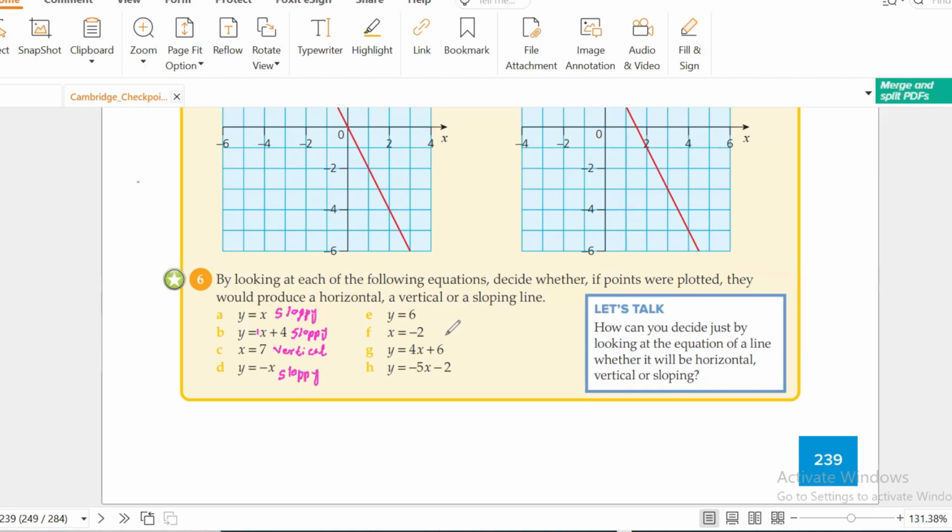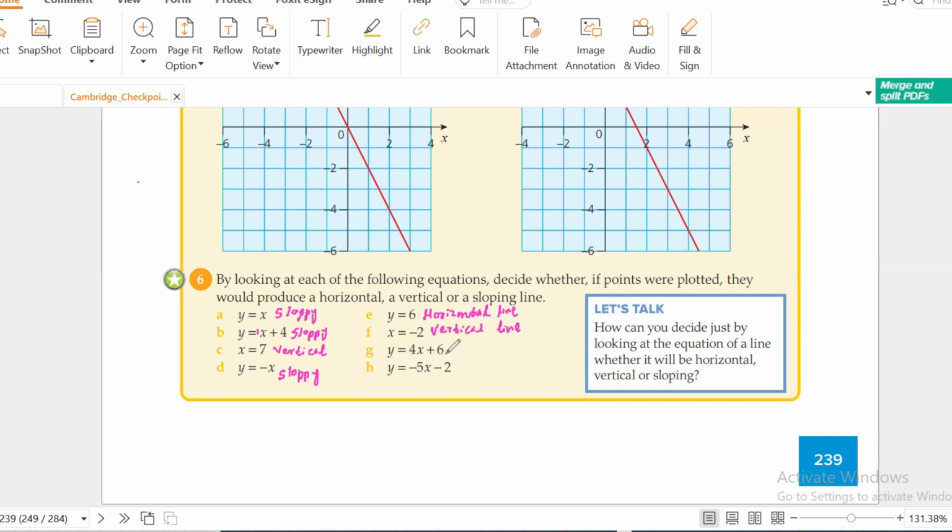And next, if I check y = 6, whenever y is any constant number, either positive or negative, it is always a horizontal line. So this is a horizontal line. And again, x = -2, either positive or negative, still it is a vertical line.